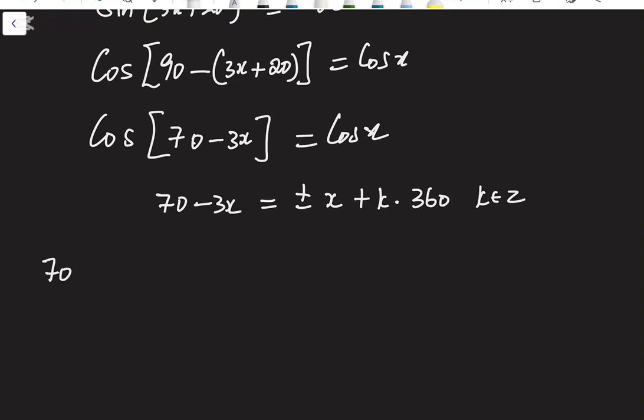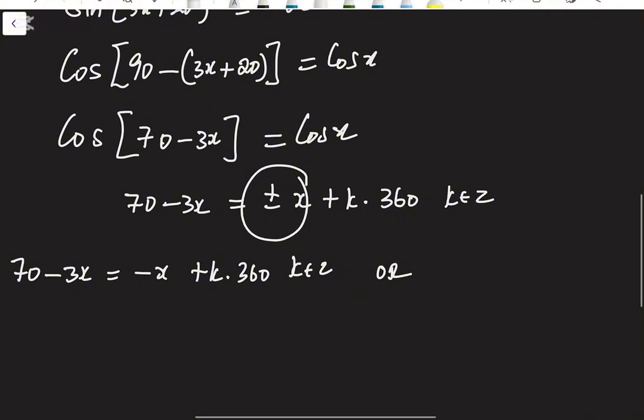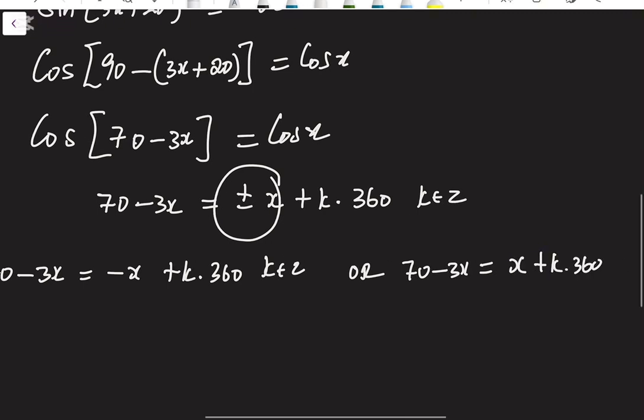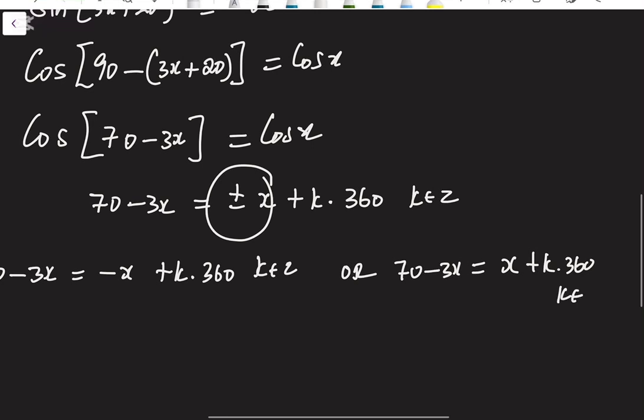We have 70 minus 3x is equal to negative x plus k multiplied by 360. K belongs to all integers. Or, remember we said we have plus or minus here, right? So we will also have 70 minus 3x is equal to positive x now. And then plus k multiplied by 360, where k belongs to all integers.